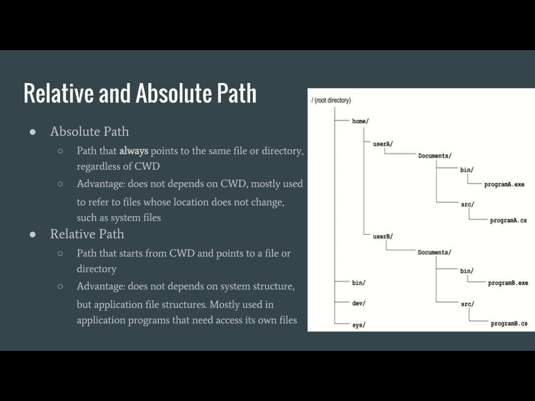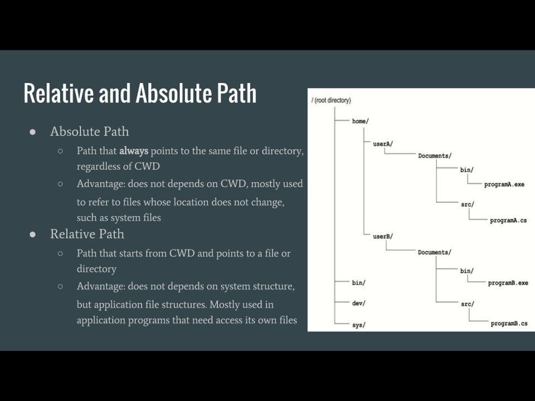The advantage of using absolute path is that you can always find the file, regardless of where the current working directory is. The advantage of relative path is that if you know this part is relatively fixed, you don't need to know what this part is. You can just always go to bin, go to documents, go to source, and find this file. You don't need to care about anything here.